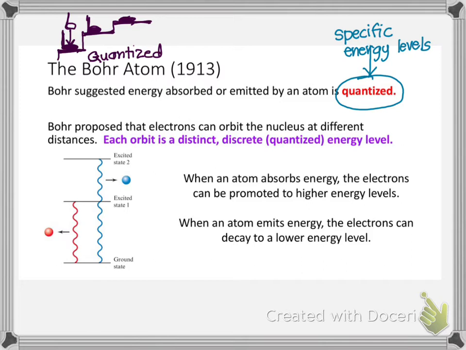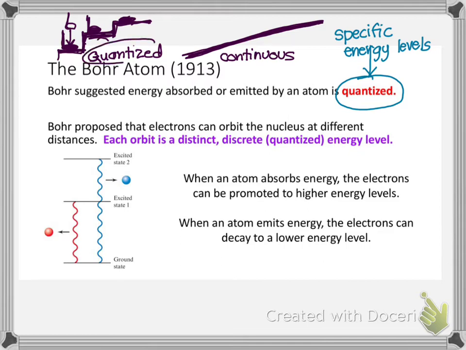Now, the opposite of that, or I guess they're complementary in some ways, would be continuous. So a ramp is something that's continuous, because I could place my foot anywhere along here. It wouldn't matter. Anywhere it will go, whereas with a step, there's only certain places that it will go.